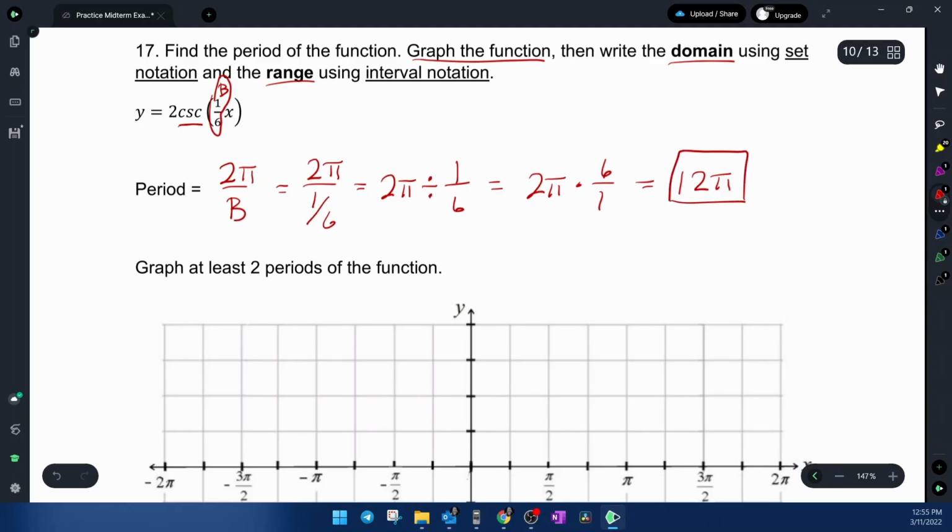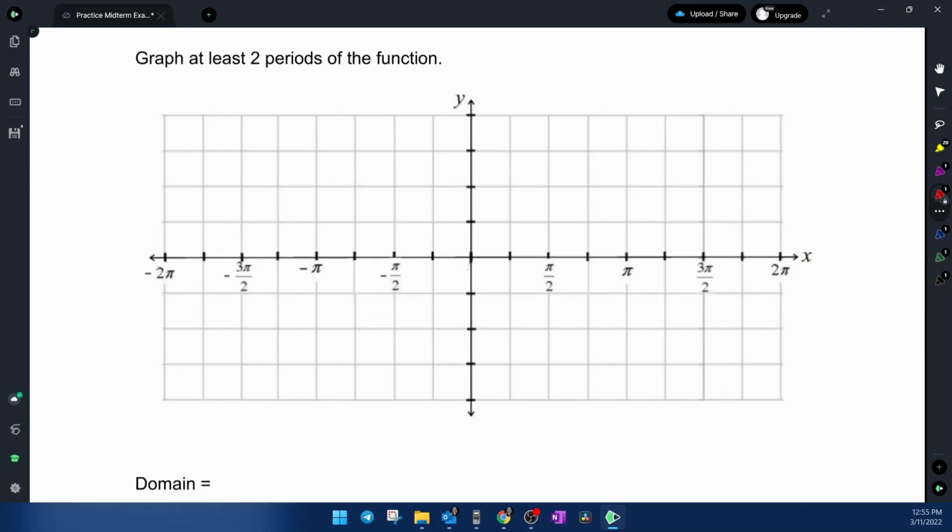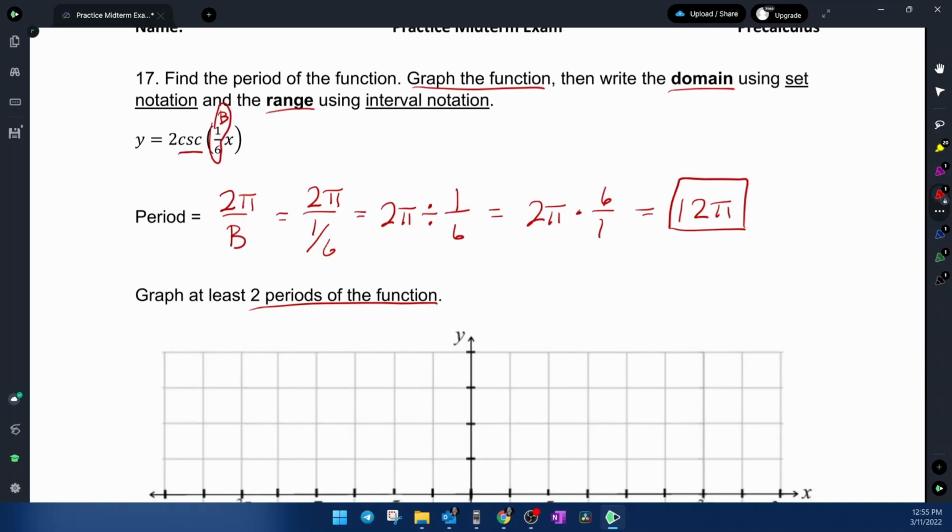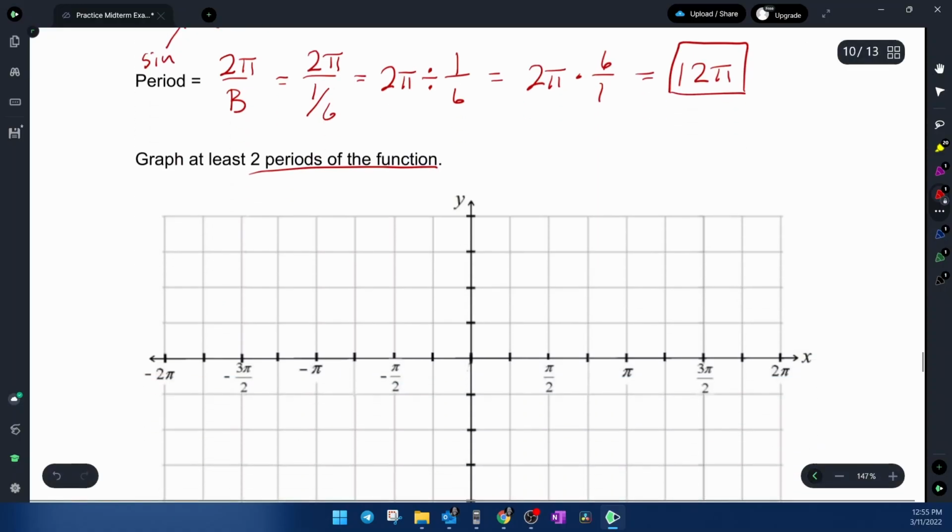That is my period. Now, in order to graph 2 periods, the first thing we're going to do is remember that cosecant is related to sine, and sine starts at the origin. So we're going to put a dot at the origin because we're going to lay out our points based on a sine function, and at the very end, before we connect the dots, we'll convert to the cosecant.